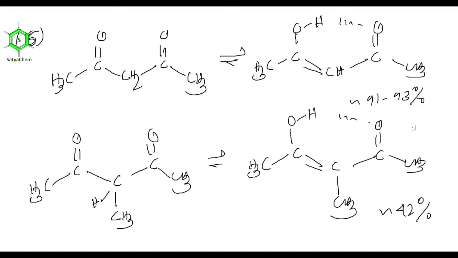Now why this drastic downfall of enol content for 3-methyl pentane-2,4-dione, where I have introduced one methyl group at the C2 carbon? C2 carbon means if I consider 1, 2, 3, but according to IUPAC nomenclature, the methyl group is at number 3 carbon.